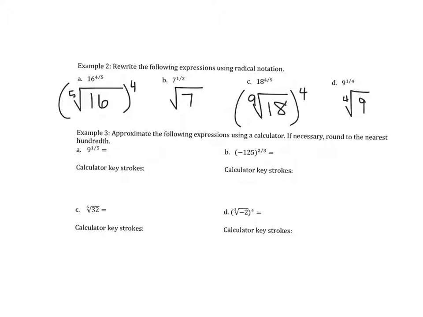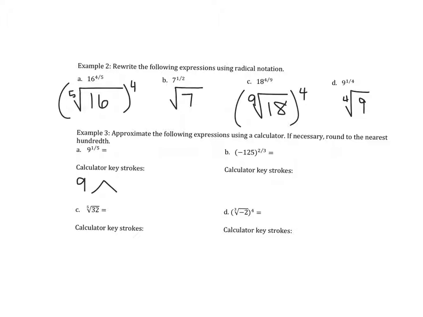Okay, so on this next section, this is a calculator problem, and I'm going to tell you the answers, and I'm going to tell you how to get the calculator keystrokes, but it depends on what calculator you're using. So if you're not sure, or if this seems to be different than the calculator you're using, feel free to talk to somebody and get some help with that. Okay, so on A, you're going to do 9 caret. Now look at your calculator screen.